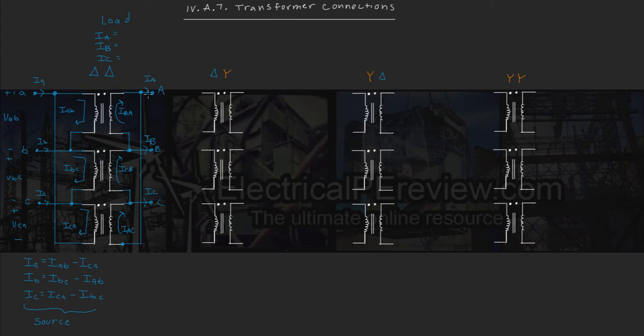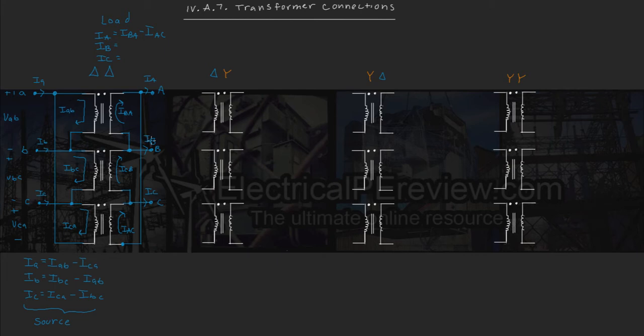We've got IA leaving the node is going to be equal to IBA entering the node minus IAC leaving the node down here. So we've got IA on our load side, our load line current is going to equal I capital BA minus I capital AC.